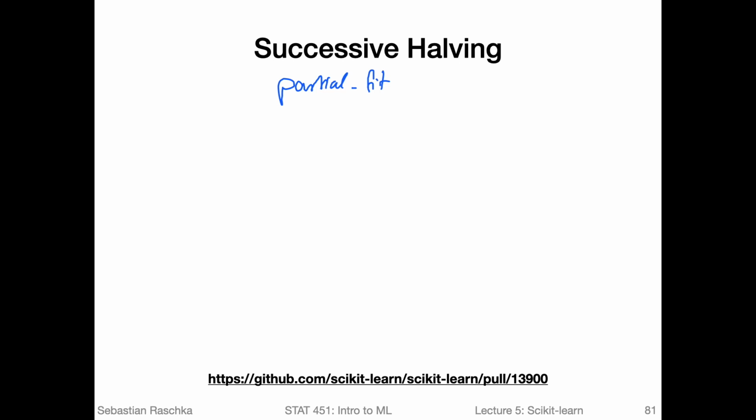Then you look at the remaining models again, and again eliminate the worst half, and so forth. So you iteratively get rid of the worst half of the models until you only have the best models available. The idea is that you avoid wasting time on models that are not good to begin with.